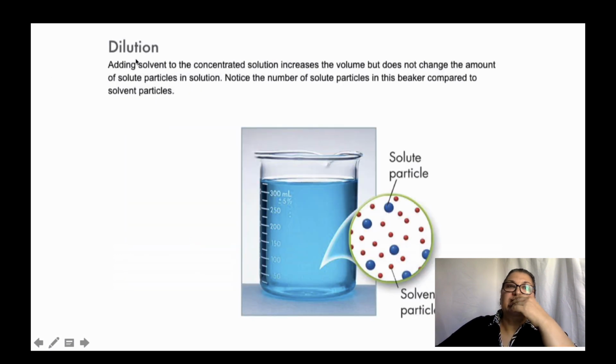Now, this one is more diluted. We added more solvent. We added more water to the concentrated solution, so the solute is a lot less proportional to the solvent in red. So the solvent is now more than the solute. All right.